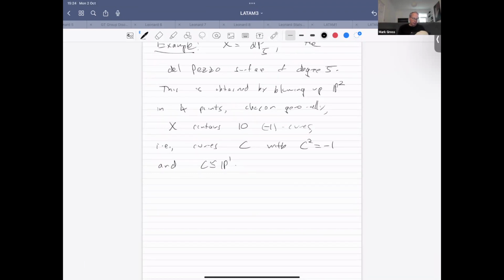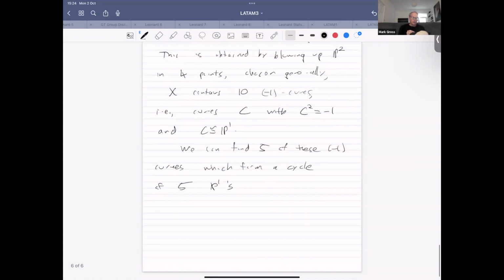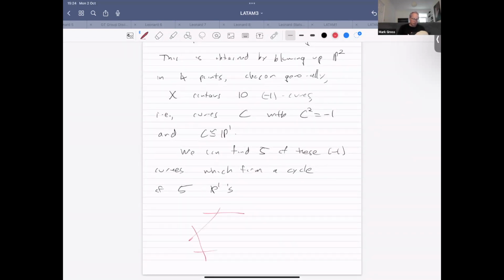So it turns out we can find 5 of these lines, or these -1 curves, which form a cycle of 5 P1s. So in other words, it looks like something like this.